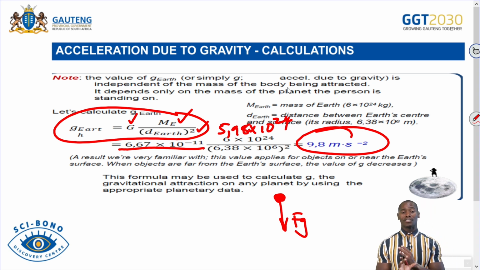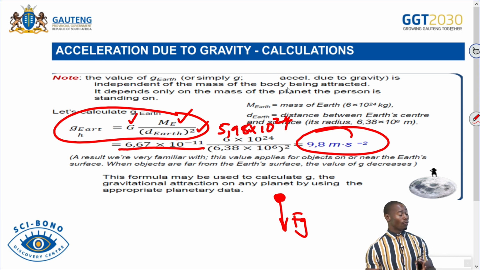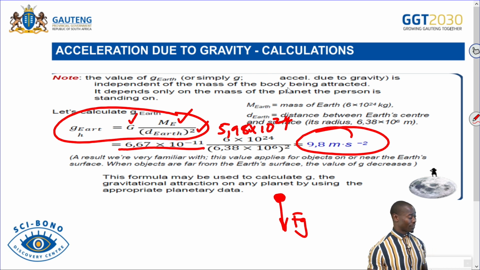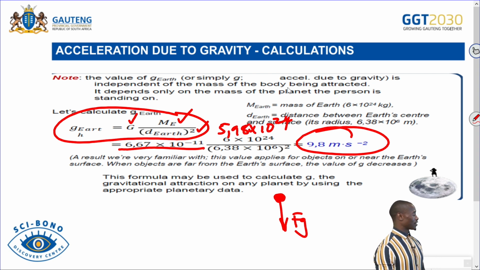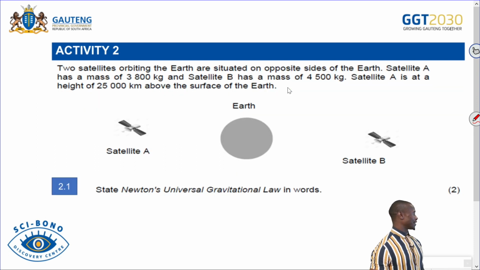According to your examination guidelines, weightlessness is explained as the sensation experienced when all the contact forces are removed. That is how you have to explain the term weightlessness. It's just a feeling when all the contact or external forces are removed. For example, if the only force exerted is the non-contact force, such as the gravitational force, then the object will experience weightlessness.